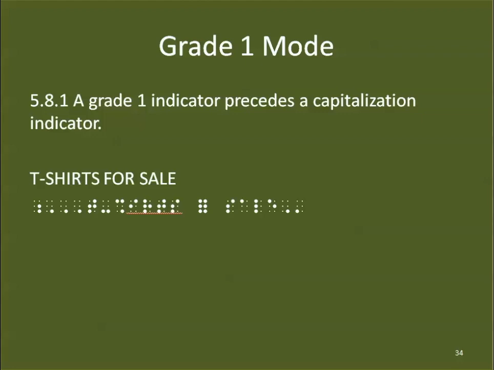You can't separate capitals from the letter that follows. So we have grade 1 symbol indicator, capitals, directly followed by the T there, hyphen. We've just terminated capitals, or no, excuse me, we haven't. Nothing terminates a capitals passage. So we have hyphen, shirts, for sale, we're terminating it there with our capital terminator.